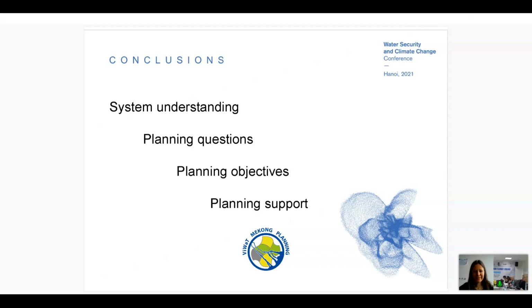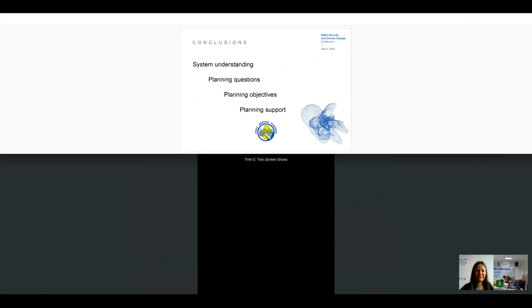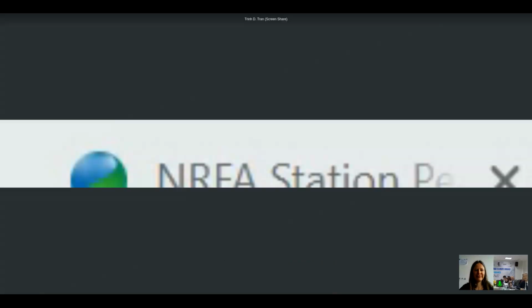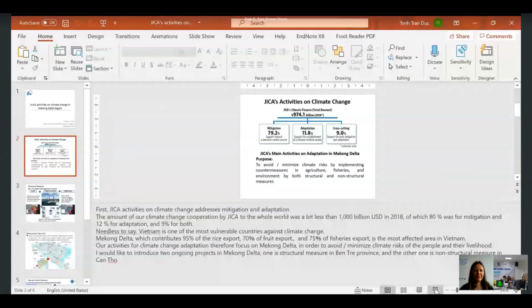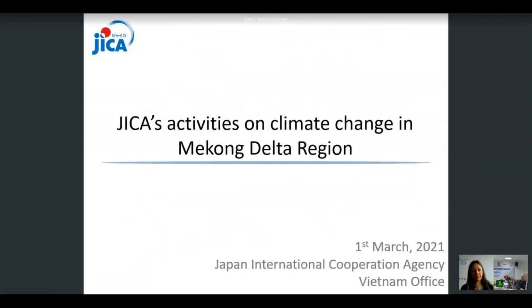But we can discuss that maybe later in the Q&A session. Okay. Because of that, we will now go to the next small presentation on JICA's activities on climate change in the Mekong Delta region. And you have also 5 minutes.